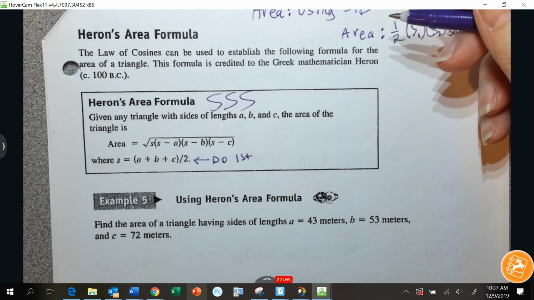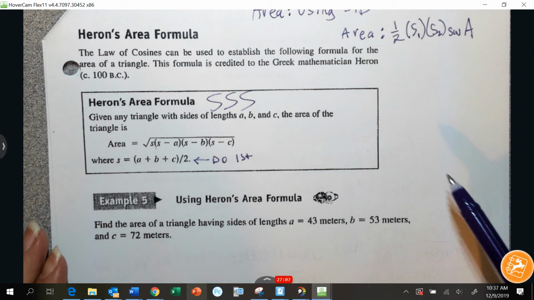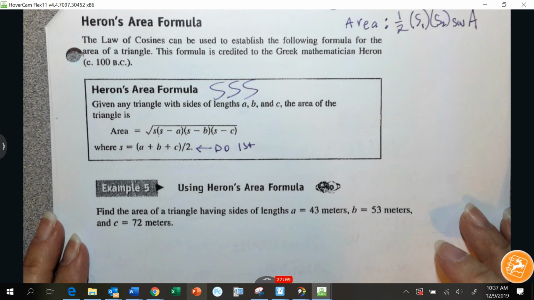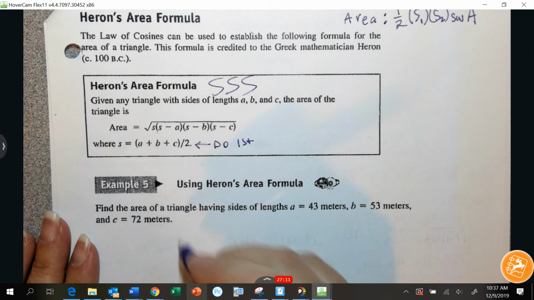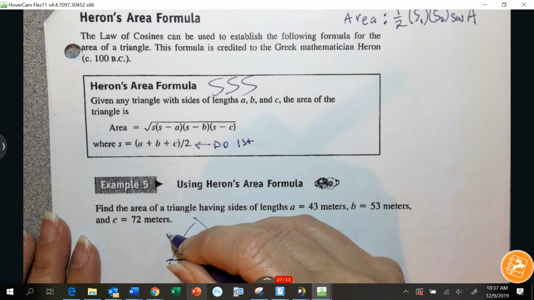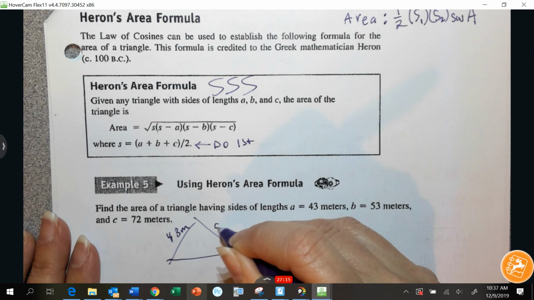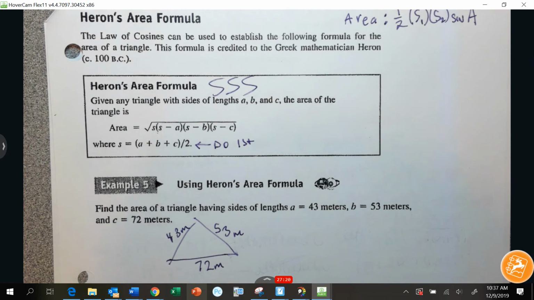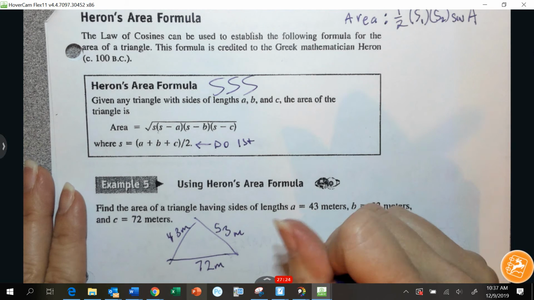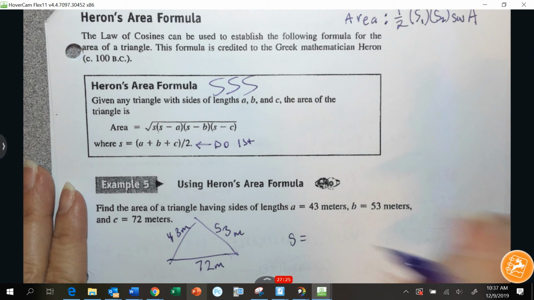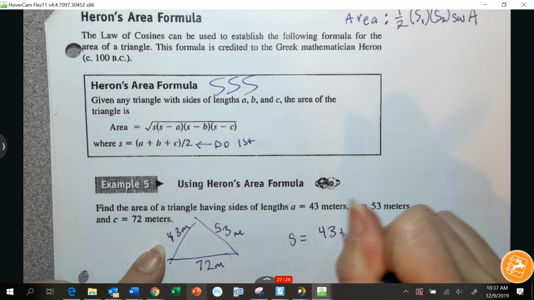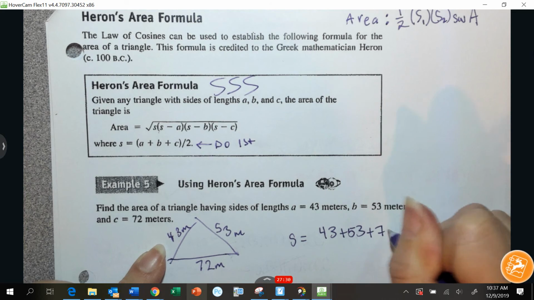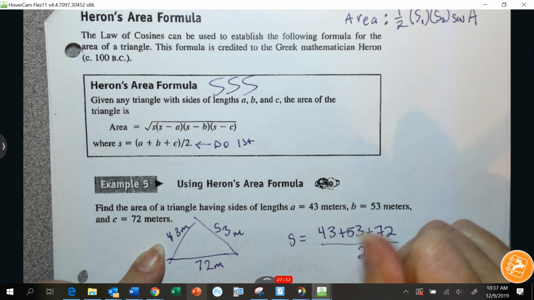So here's an example. We need to find the area of a triangle with sides 43, 53, and 72. So I look at it and I'm like, oh, it's SAS. No, it's SSS, sorry. So we're going to find this little S value, and you're going to do 43 plus 53 plus 72, all divided by 2.